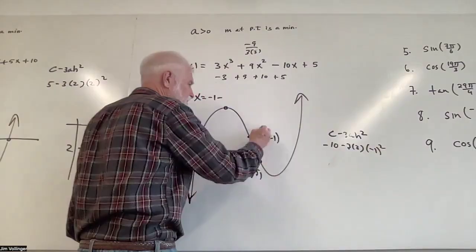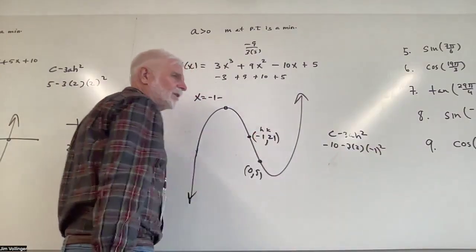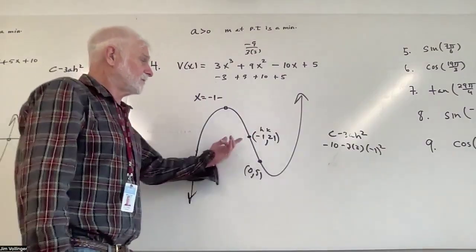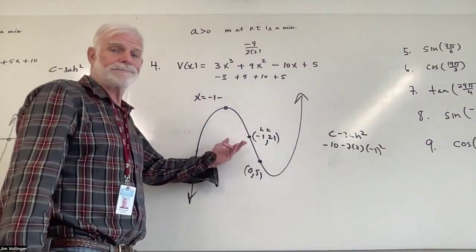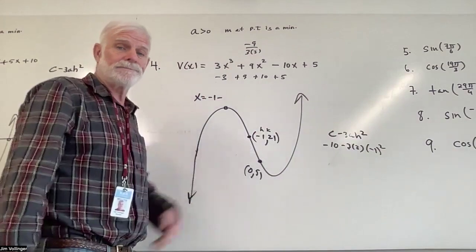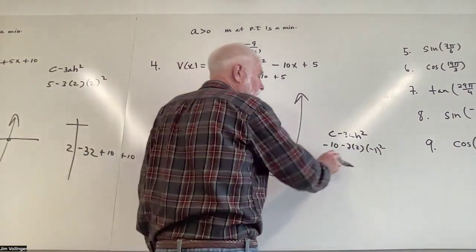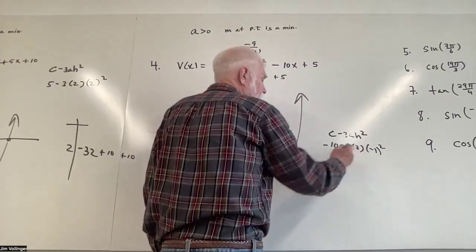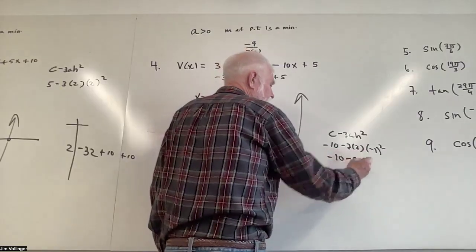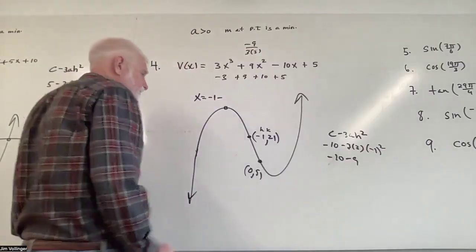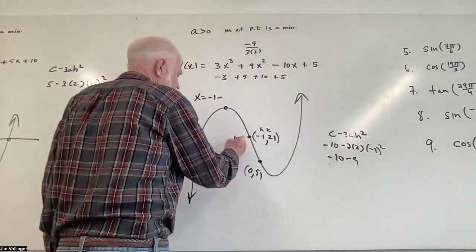I'm calling this hk, just like hk, vertex of a quadratic. This is where the pattern emanates from. Right, so what have I got over here? -9, -10, -9. I got another -19. Okay, but I believe it. So I'm going down to 19 to 1.